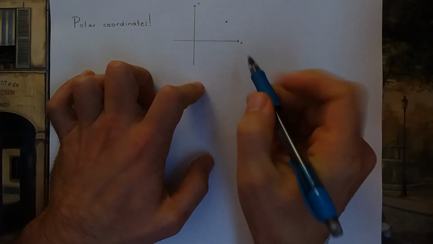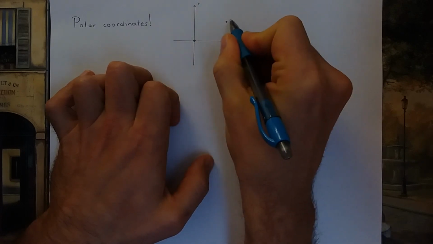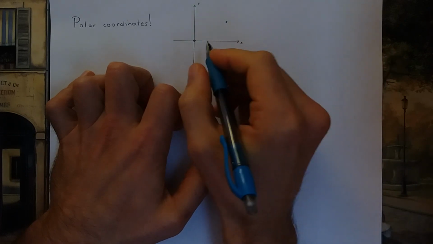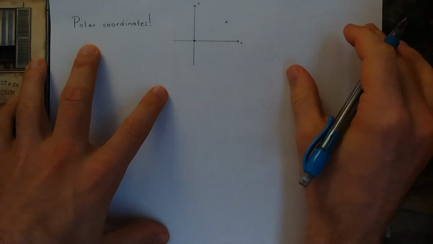There are two ways to start at 0, 0 and travel to the coordinate that you see. The first way is Cartesian coordinates. This is what you're most comfortable with so far, probably.